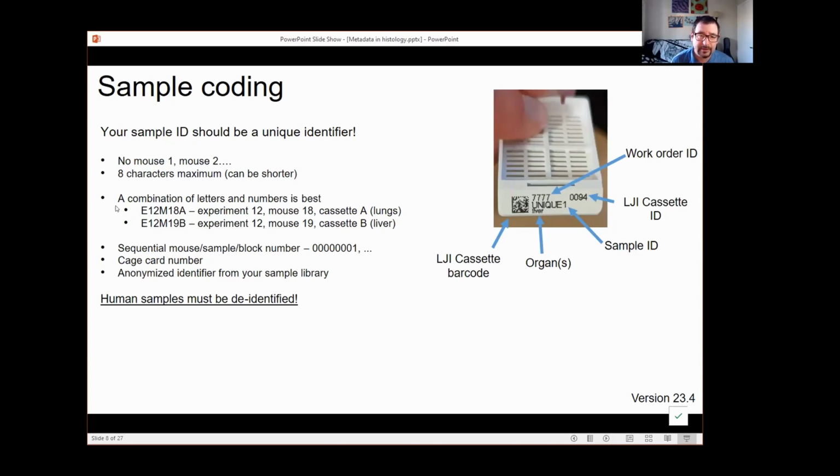We essentially don't enforce specific sample IDs. It's up to the user, but we suggest that a combination of letters and numbers is the best. And obviously, human samples must be de-identified, which is super important. We highly recommend not to use mouse 1, mouse 2, mouse 3, because in the next experiment, you're probably also going to start with mouse 1.